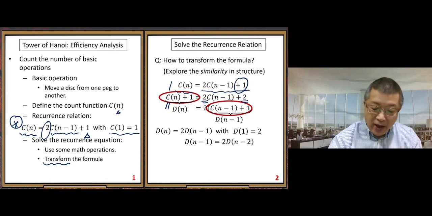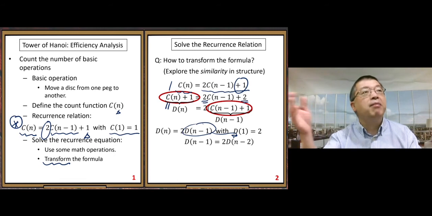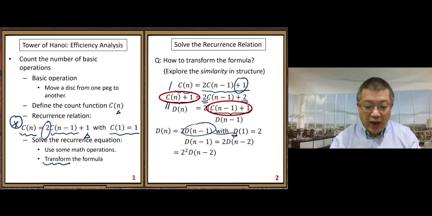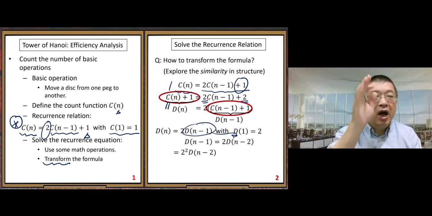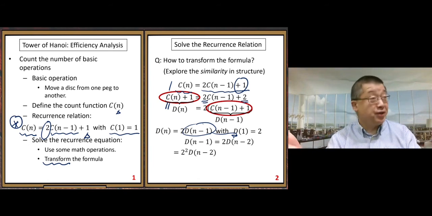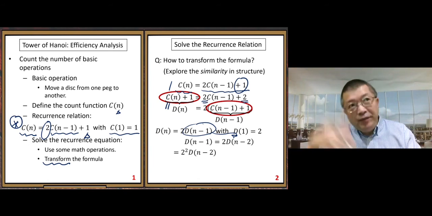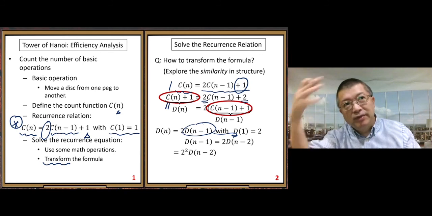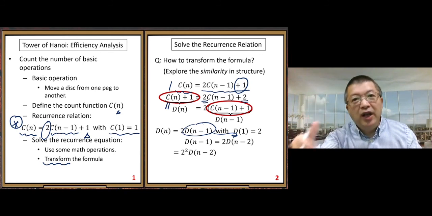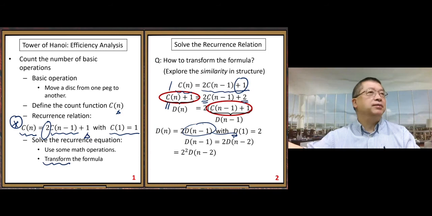Then we replace D of n minus 1 by 2 times D of n minus 2, so we get 2 squared times D of n minus 2. We keep doing this, and eventually we get to the end.